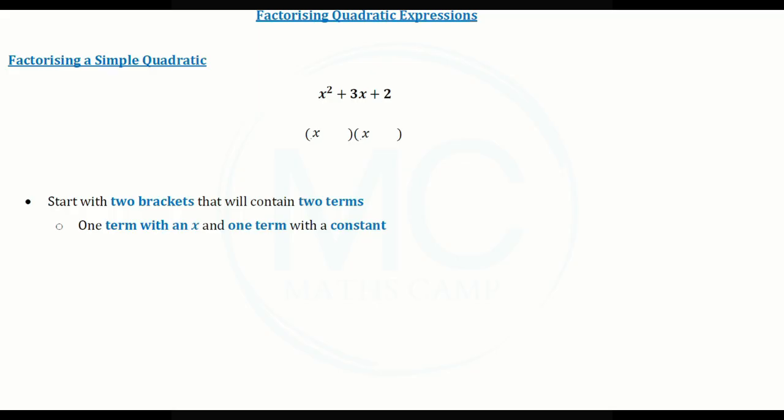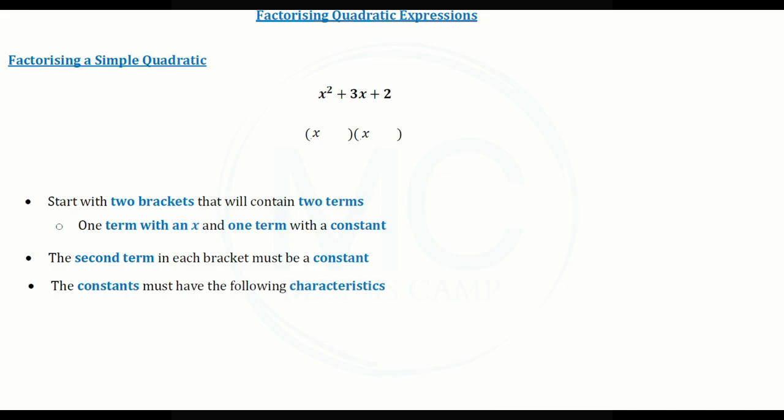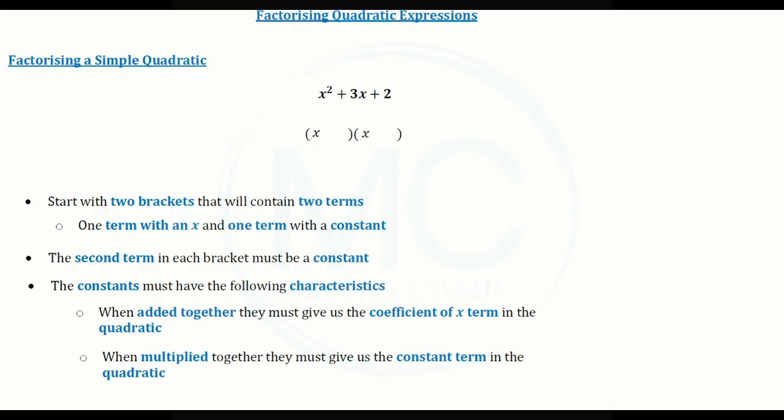The second term in each bracket must be a constant. The constants must have the following characteristics. When added together, they must give us the coefficient of the x term, which will be the 3 up here. But when multiplied together, they must give us the constant term of the quadratic.